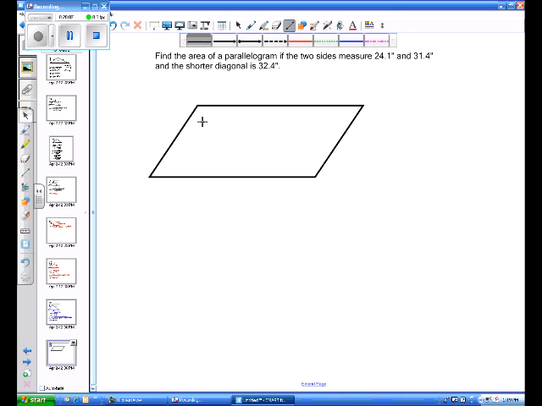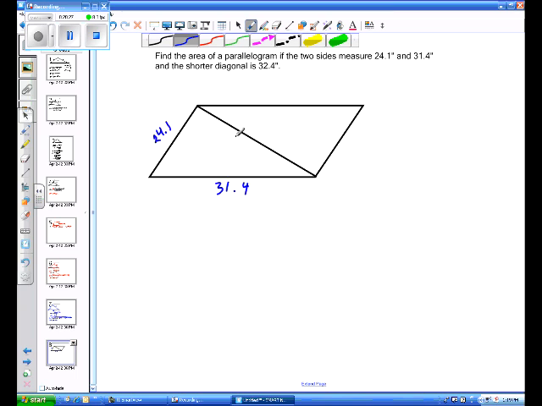So our shorter diagonal would go from here over. Okay, let's label what we know. We know that the two sides, this side would be 24.1, 31.4, and then the shorter diagonal was 32.4.